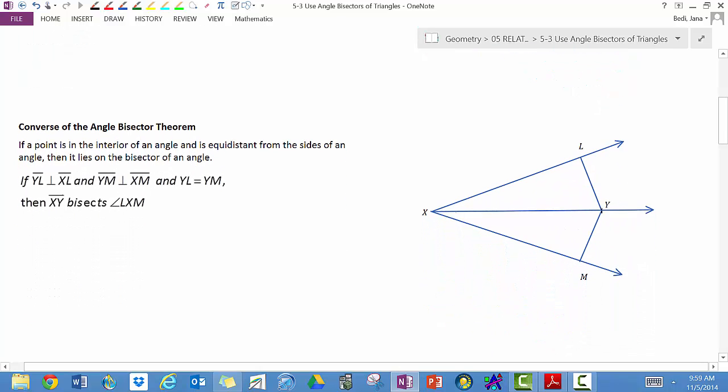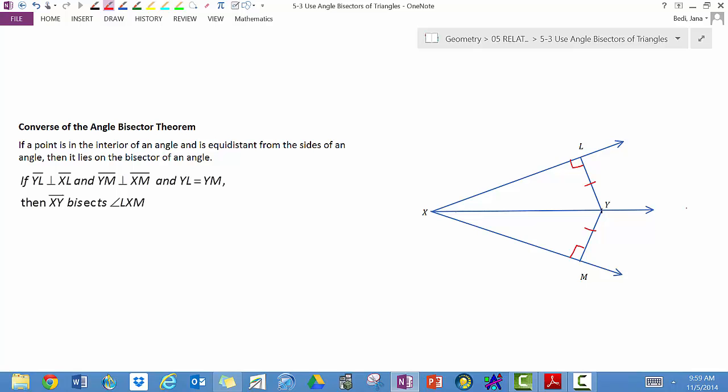The converse of the angle bisector theorem states that if you're given that these distances are congruent and Y is a point on ray XY, then the only way that can happen is if ray XY is an angle bisector.